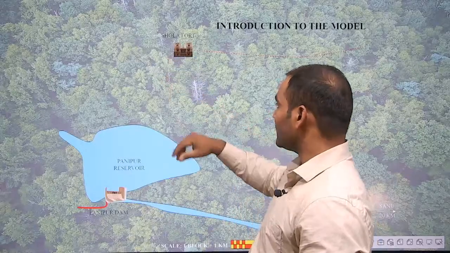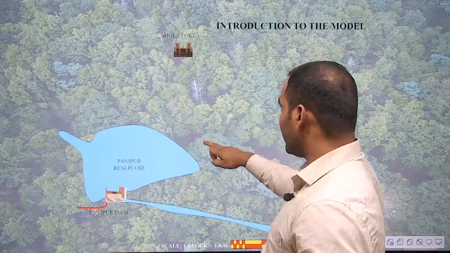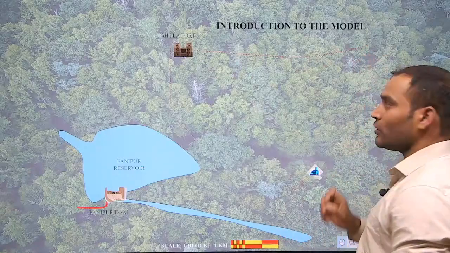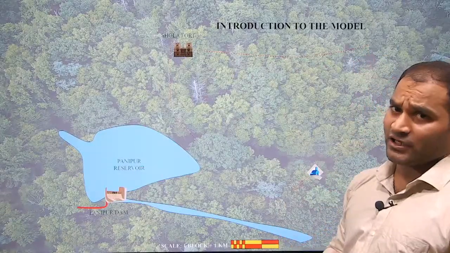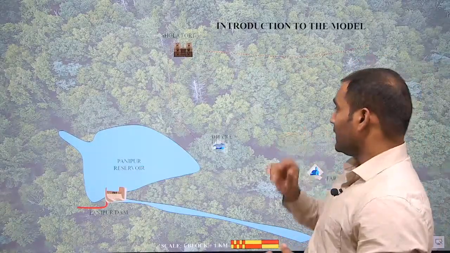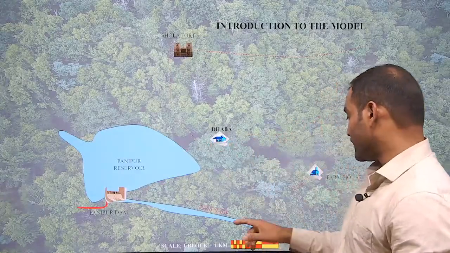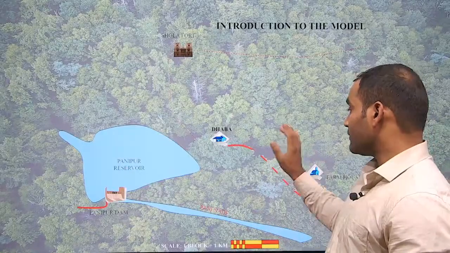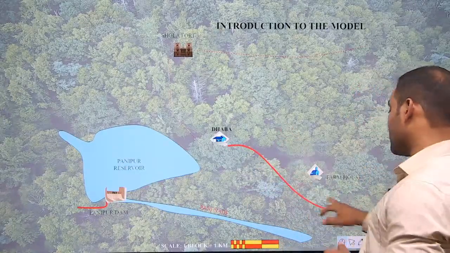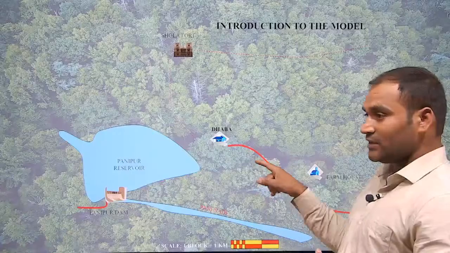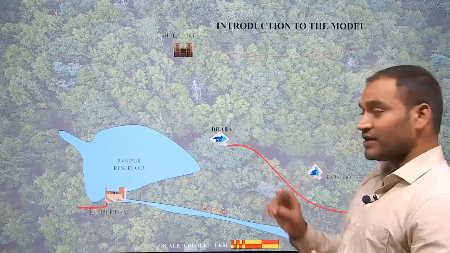This is the Shola fort, and here you can see the dotted line is actually non-metallic road, or you can say the Pagdandi. And here you can say this is the Dhava, and after this you can see the details here of the river, and this is the metallic road. So, that means the hard red color here is indicating the metallic road.